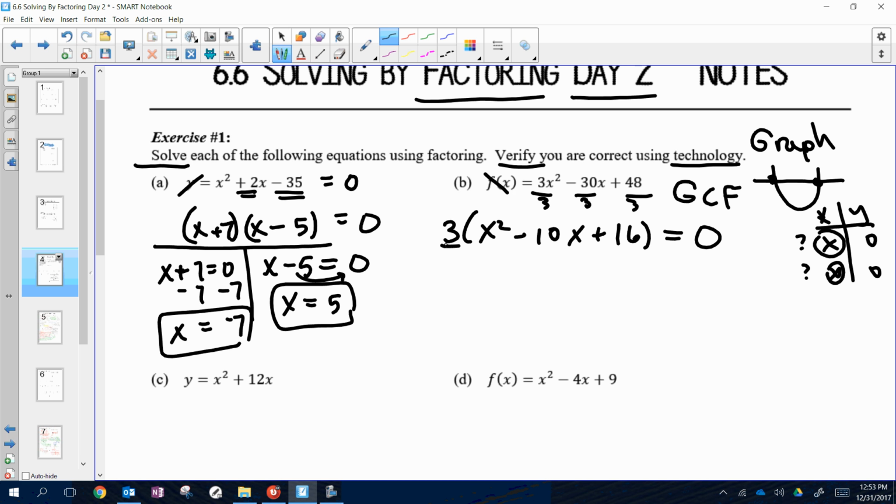That 3, if you divided it away right now, would actually just disappear. So you don't need that 3 when it's an equation. And you're allowed to factor what's left, x and x. 16 is 8 times 2. To make a positive, the signs have to be the same. They both must be negative.